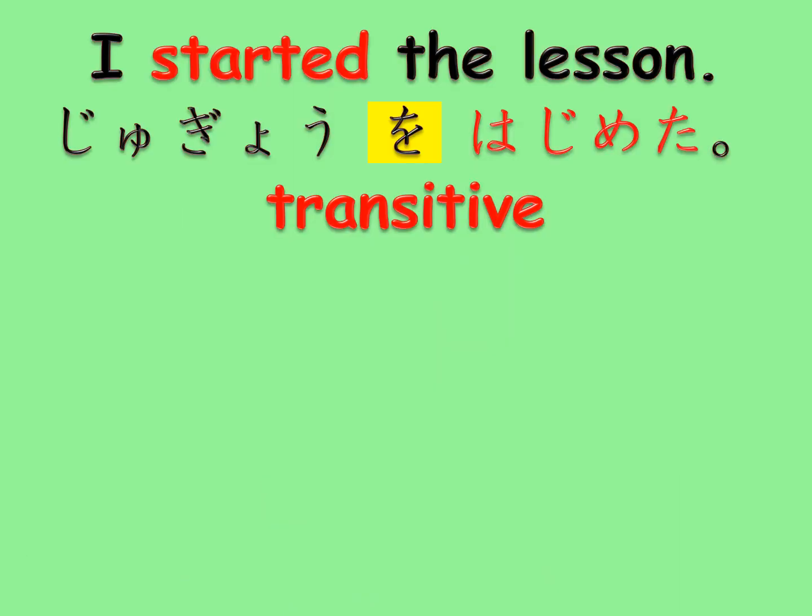An easy way to tell whether the verb is transitive or intransitive in a Japanese sentence is, if the verb is transitive, the particle を will be used before the verb most of the time. In this case, 授業を始めた.